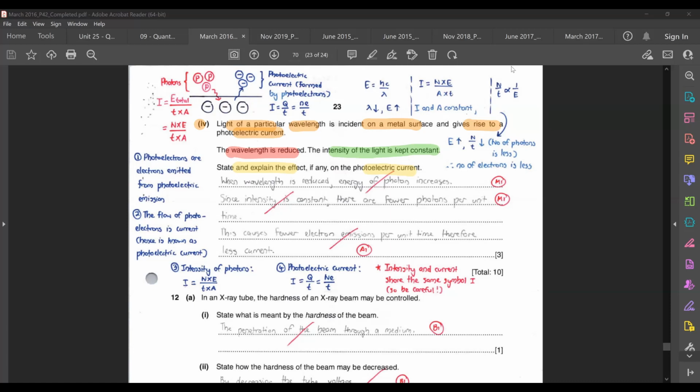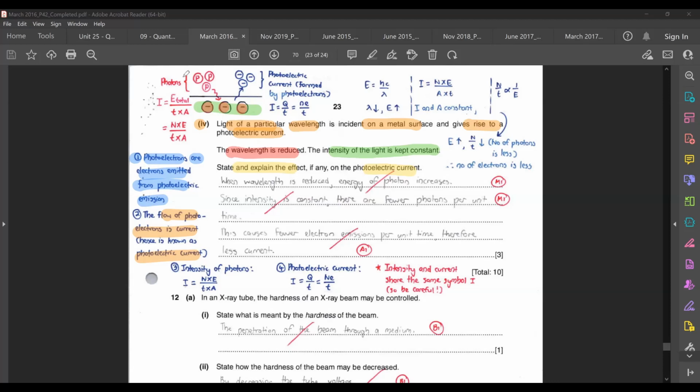So in the first place, what are photoelectrons? I believe I already mentioned this in the notes before. Your photoelectrons are the electrons that are emitted from photoelectric emission. Your photoelectric current is the flow of those emitted electrons, in other words, the flow of your photoelectrons from photoelectric emission. One way to visualize it: imagine this is the surface of your metal, and you have these electrons here.